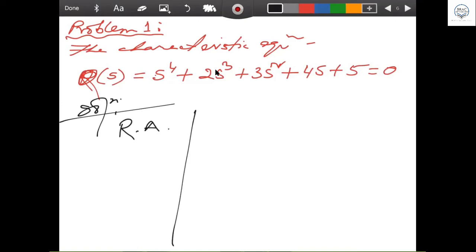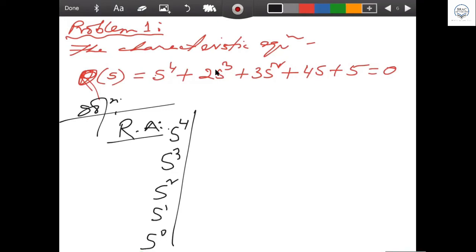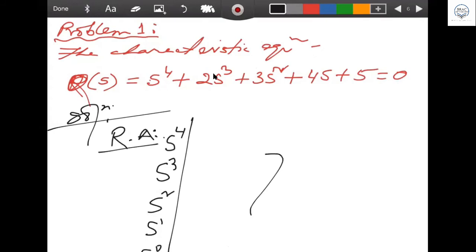What will be the Routhian array? It will be starting from S to the power what? 4. Good. And then S cube, then S square, then S to the power 1, then finally S to the power 0. Now you fill up the Routhian array. Tell me what is the answer. If anybody has done it, let me know.